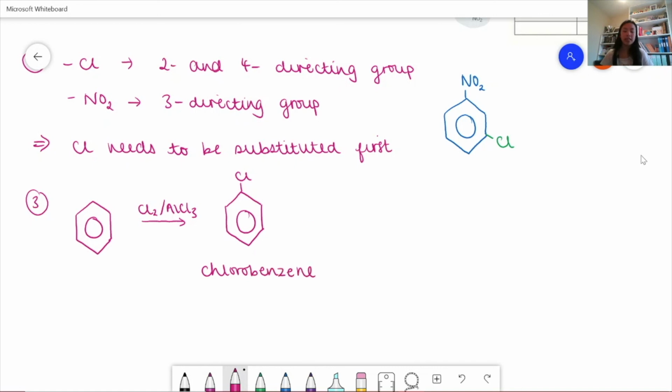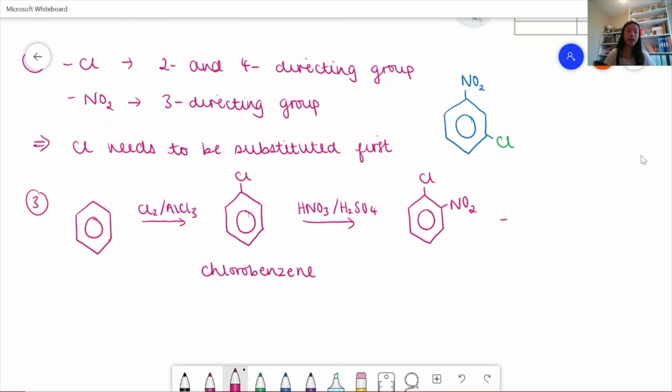And then for the second substitution, we're substituting a nitro group. And so what we need for this is concentrated nitric acid and also concentrated sulfuric acid catalyst. So this is the nitration of benzene that we've looked at. And so what we get is a benzene with the chlorine, and then also a nitro group on the second carbon.